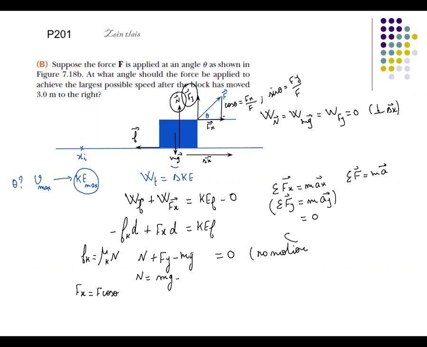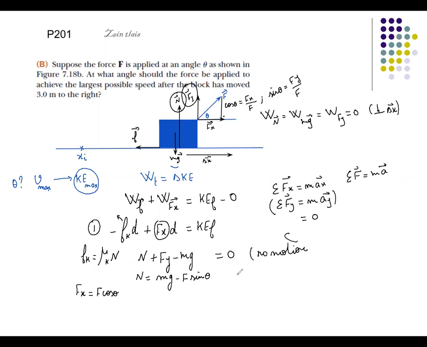N equals mg minus F sine theta. Okay, we have the value of Fx and the value of N. We substitute the value here, we get equation 1.